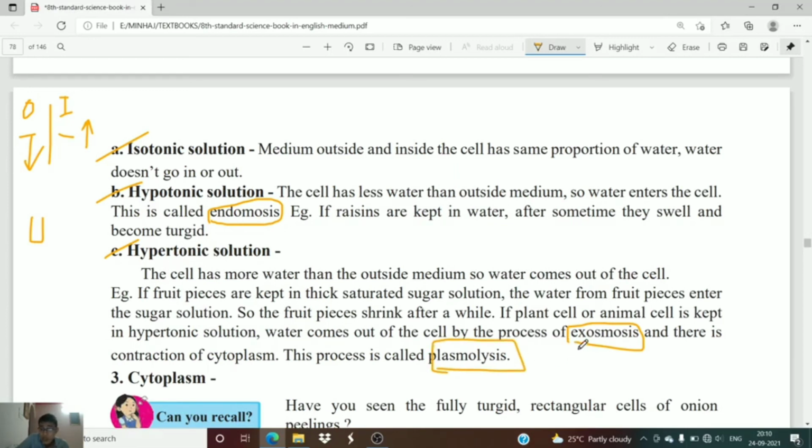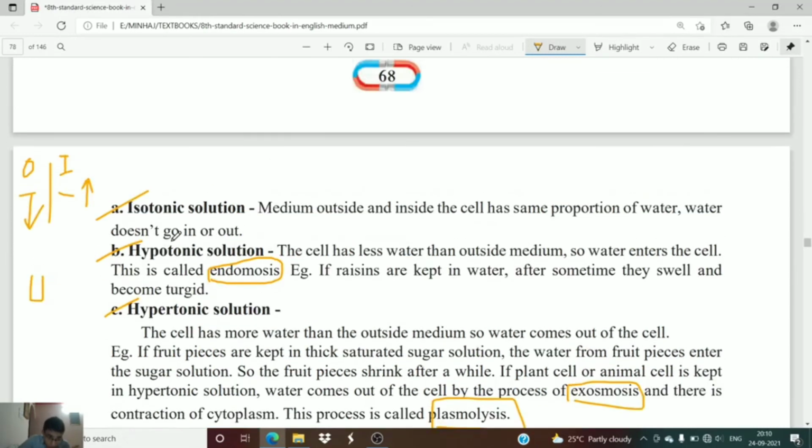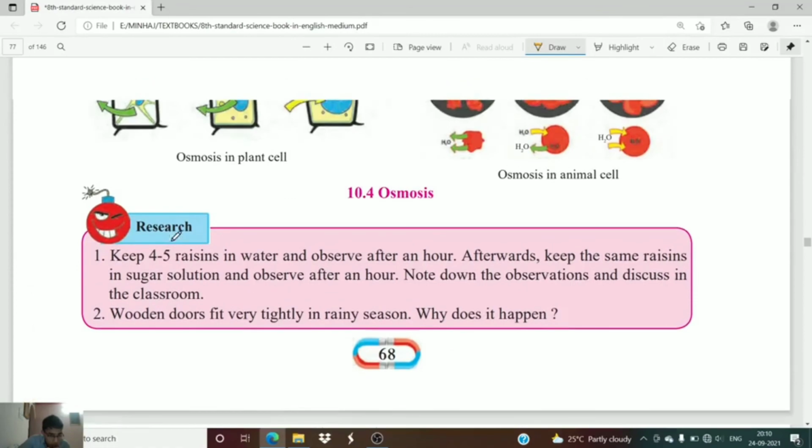When exosmosis takes place, you will see the cytoplasm of the cell contract, and this contraction of the cytoplasm is referred to as plasmolysis. So this is all about isotonic, hypotonic, and hypertonic solutions.